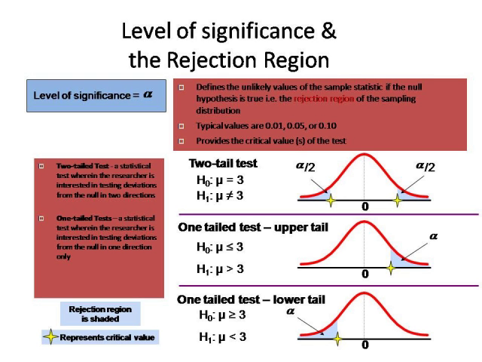But that's the idea: you set up your null, you set up your alternative, you take your sample, you then look at your sample mean and think about whether it's a sample mean that was likely to occur if the null was true, or whether it was unlikely. How do we define unlikely?